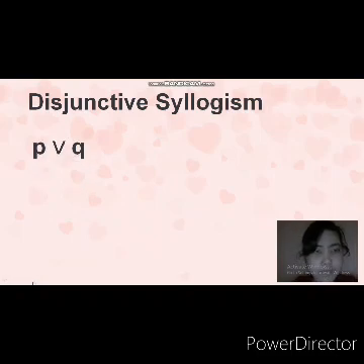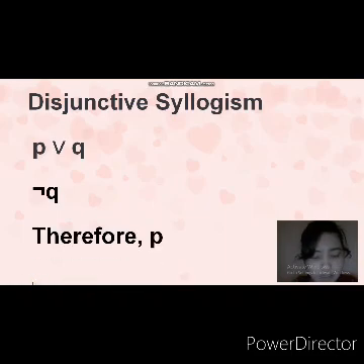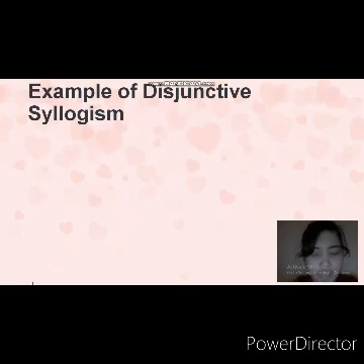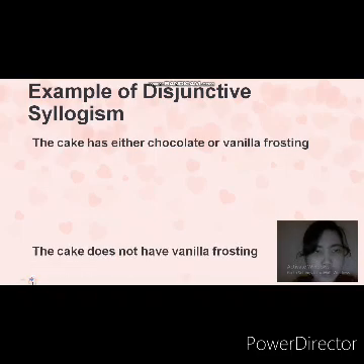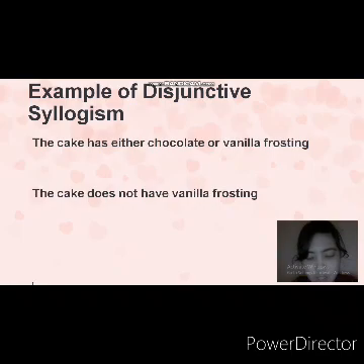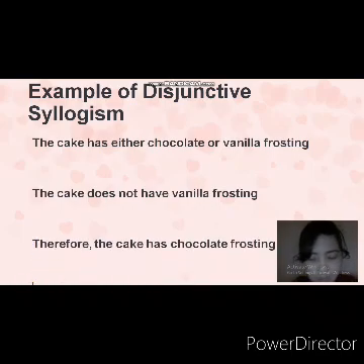P or Q, the negation of Q, therefore P. Example: the cake has either chocolate or vanilla frosting. The cake does not have vanilla frosting. Therefore, the cake has chocolate frosting.